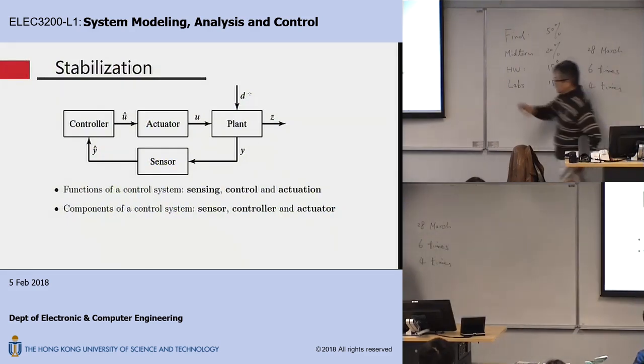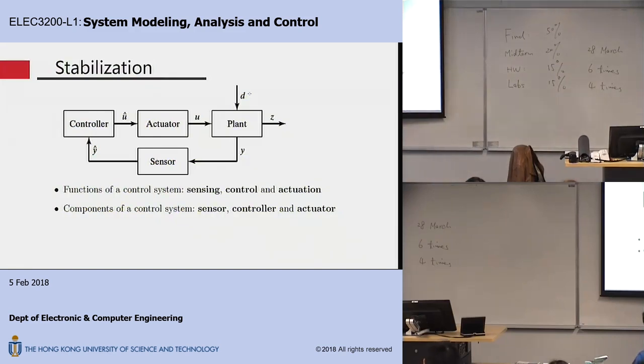Actually, if you look at the control system like a human body's control system, the controller is our brain. We process signals and make decisions. The plant you can consider as our arms and our body.